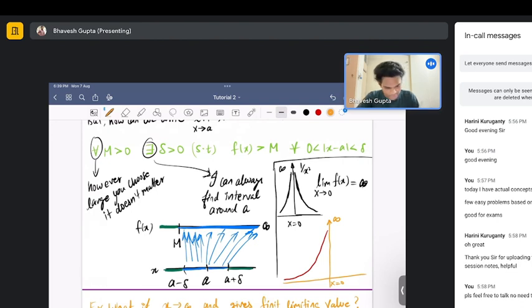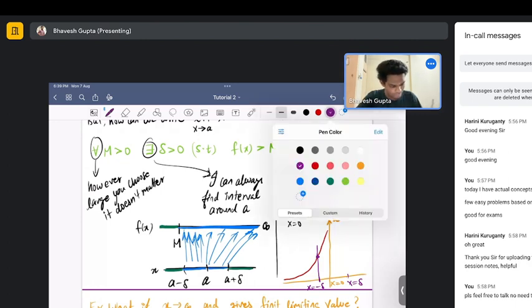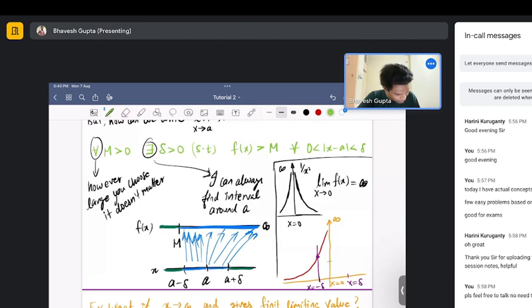So what this basically tells you is that I can define an interval. Let's say this is x equal to minus delta and plus delta. You can see at x equal to minus delta there is a value, right? And the large M which I define is this, for example.